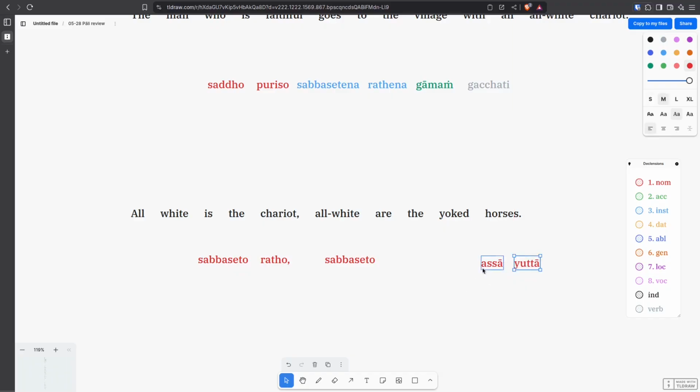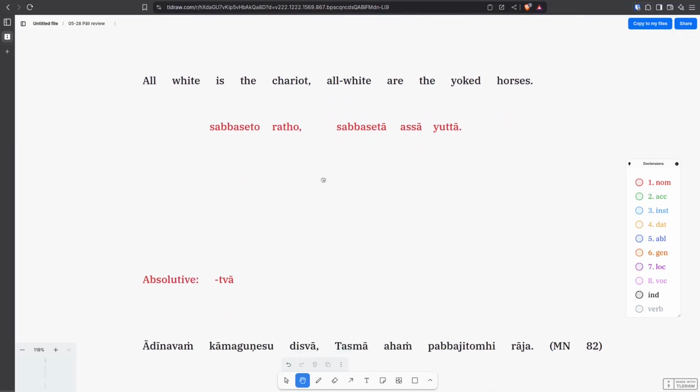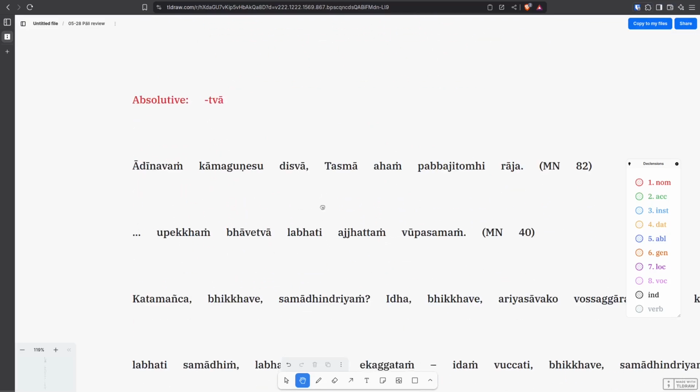So horse is plural, qualifying yoked is in plural: Assa yuta. Sabbaseta assa yuta, correct. That's right. And then here there's an implied honti, which doesn't have to be there. It's plural. Okay, that was very good. Thank you.